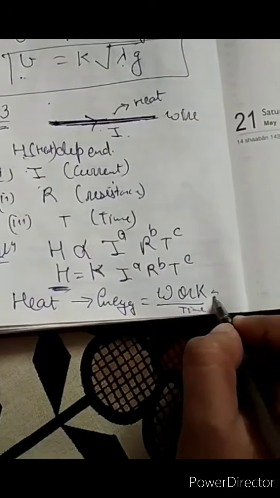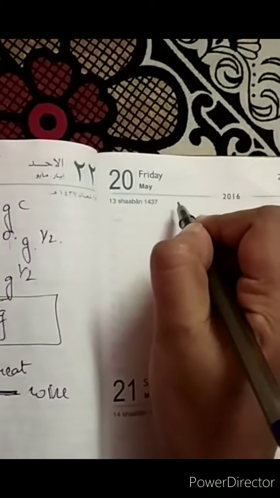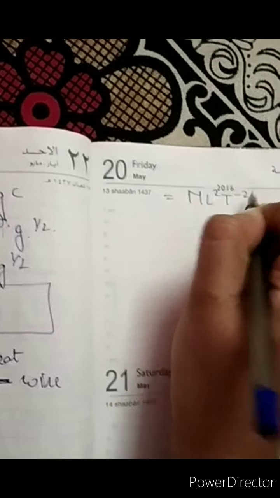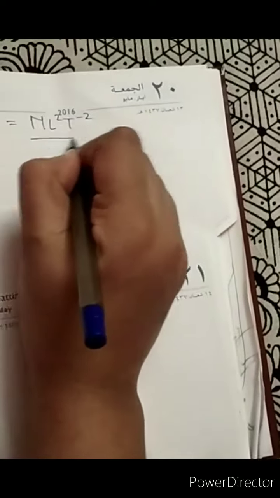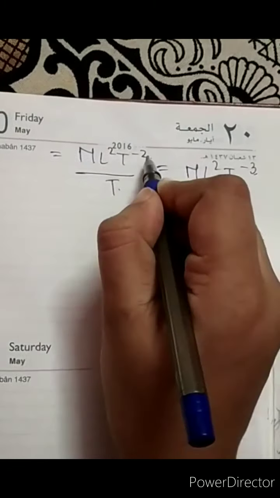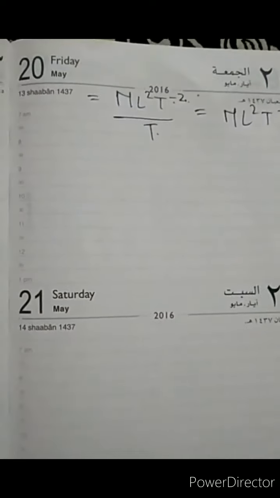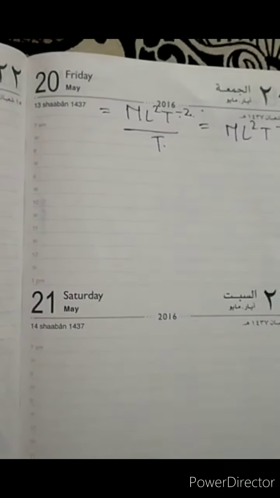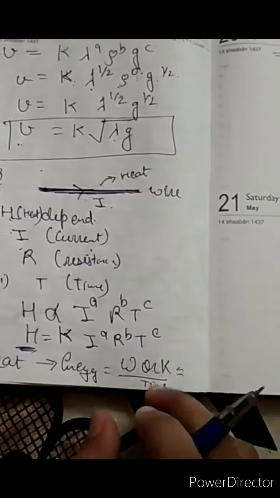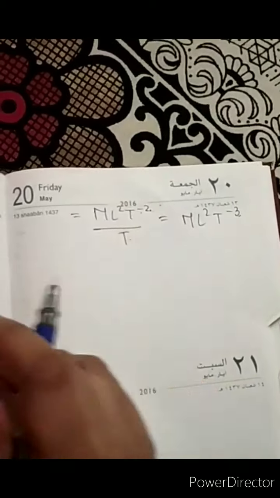This work can be written as ML²T⁻² upon time T. All these things I already derived in my previous part, so please check it out. So it will give you ML²T⁻³, or MLT⁻³ as written. Work done upon time, ML²T⁻² upon T. So this is the formula of heat.